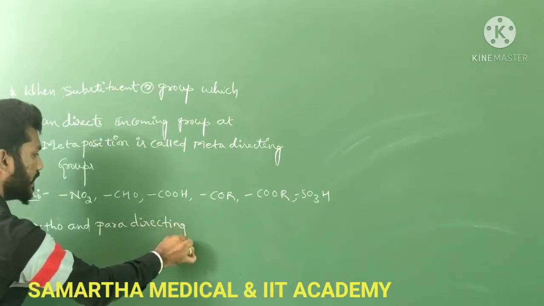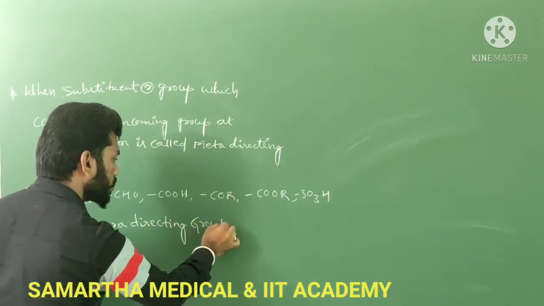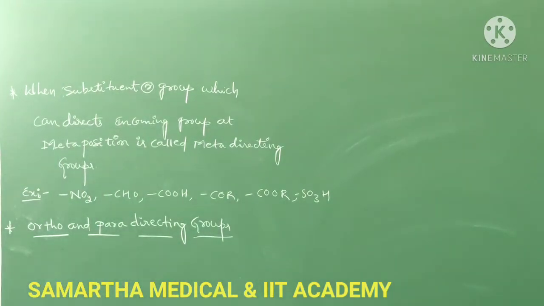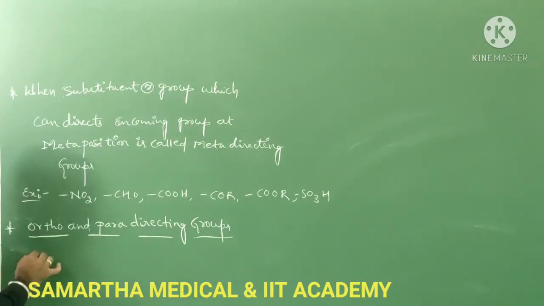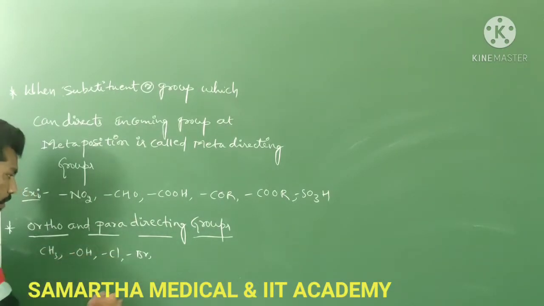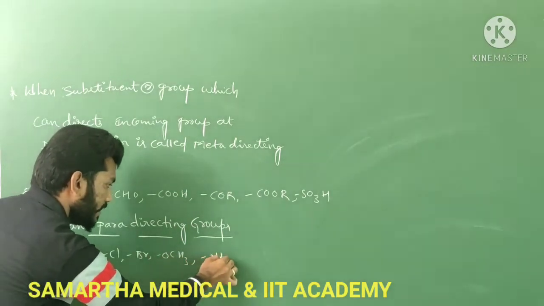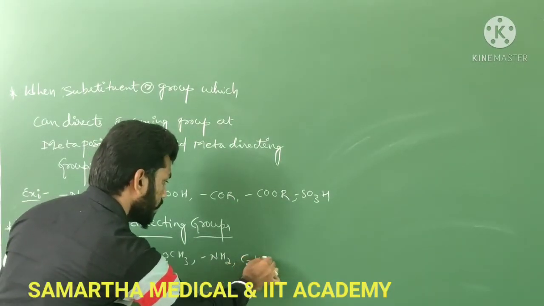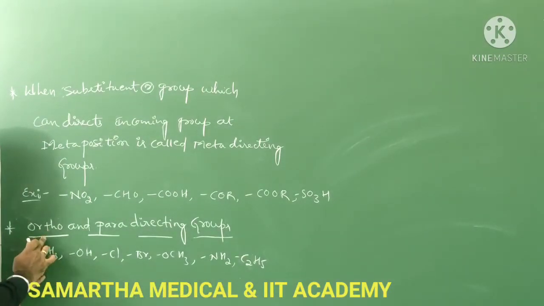Ortho and para directing groups we can commonly call activating groups, guys. Let's go with certain examples. Groups like methyl group, OH, Cl, Br, methoxy, amine group NH2, or the ethyl group. These groups are examples of ortho and para directing groups.